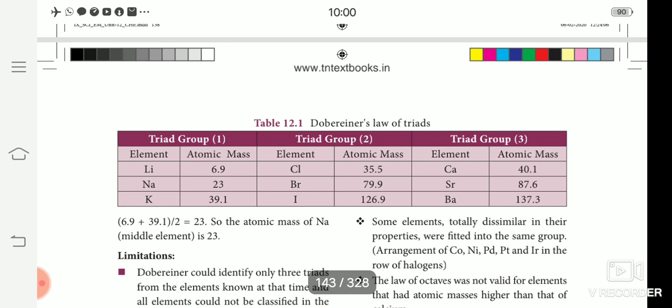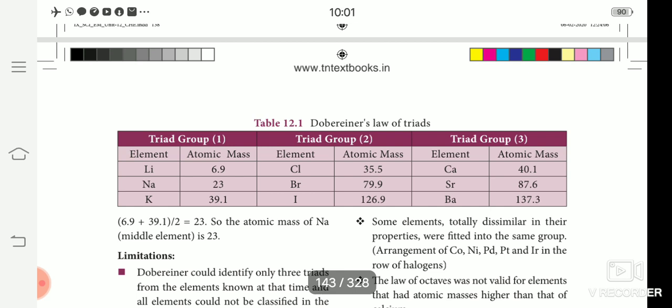Then triad group 2: chlorine Cl, bromine Br, iodine I, with atomic masses chlorine 35.5, bromine 79.9, iodine 126.9.